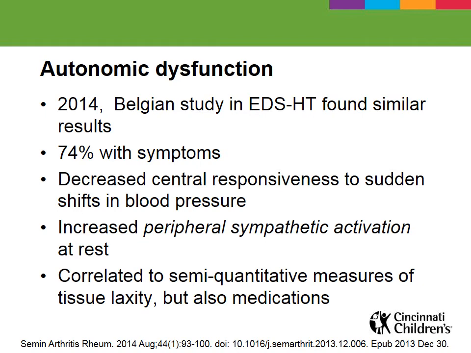Additionally, there was increased peripheral sympathetic activation at rest, meaning that the sympathetic nervous system was working or had been sensitized. And these findings correlated to semi-quantitative measures of tissue laxity, but the confounder in this study, of course, as with most studies for Ehlers-Danlos, is that there were medication effects as well.